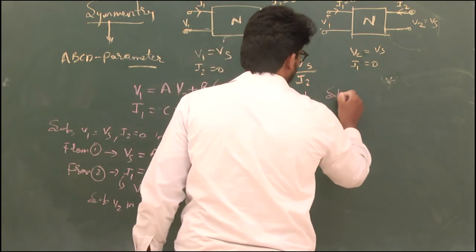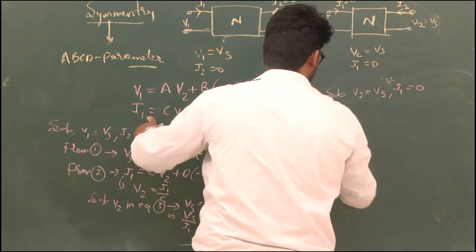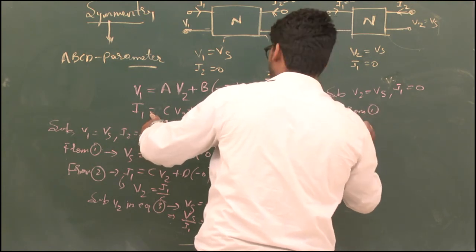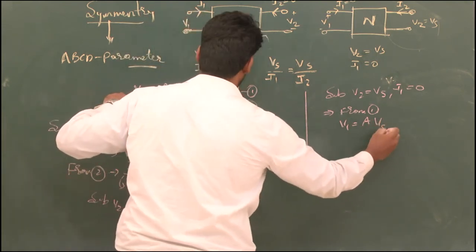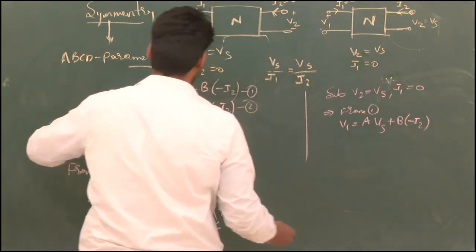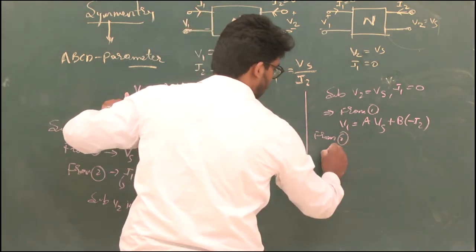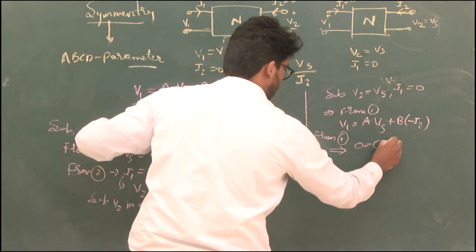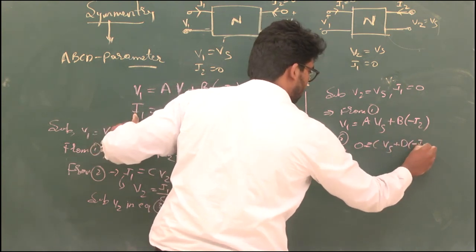Substitute V2 equal to Vs and I1 equal to 0 in these equations. From 1, V1 equal to A into Vs plus B into minus I2, and from 2 you have I1 equal to 0 equal to C into Vs plus D into minus I2.